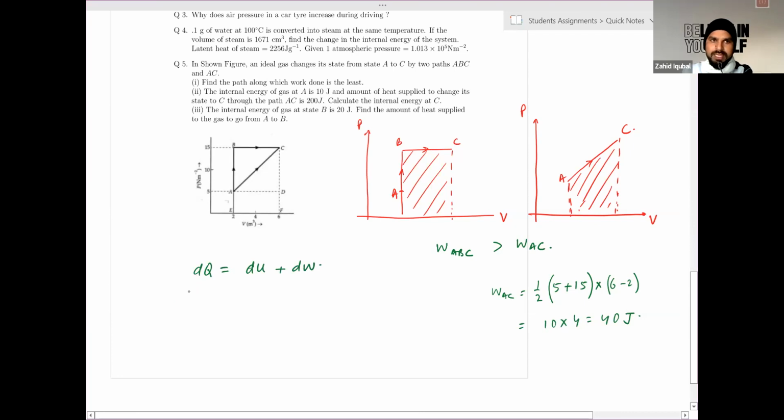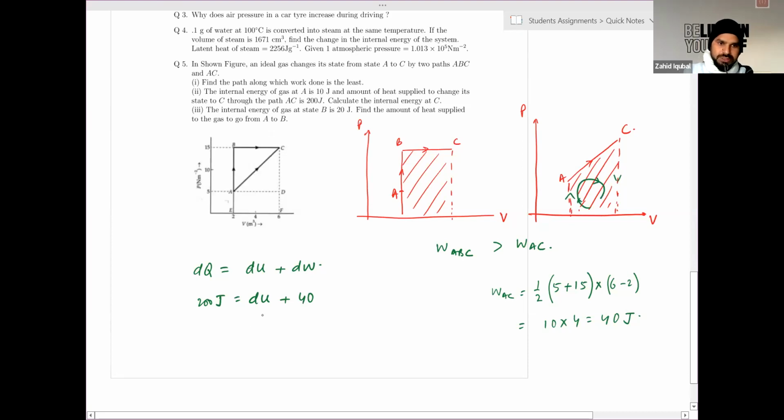Heat supplied along this path is 200 joule. Change in internal energy we have to calculate, plus work done in this process is 40 joule. Is work done on the system or by the system? Since the graph is in clockwise direction, work will be positive, that is, work done by the system.